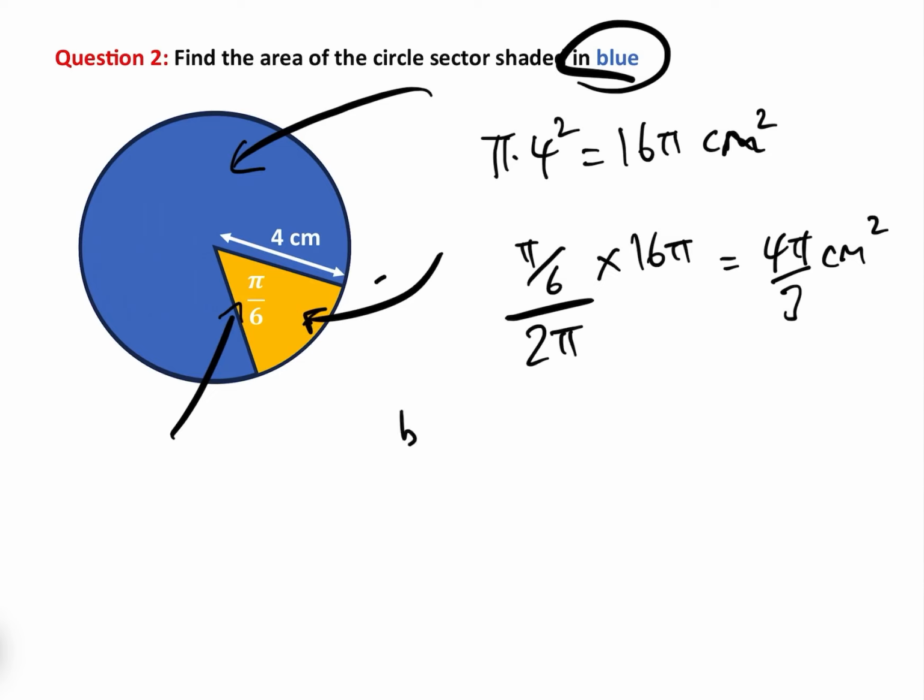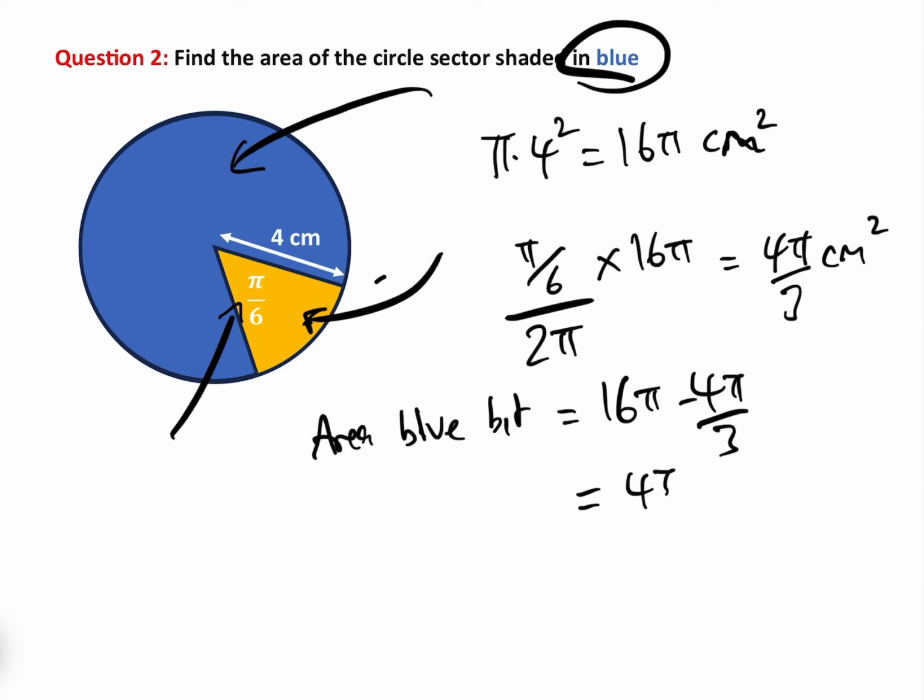And so therefore the area of the blue bit equals 16 pi take away 4 pi over 3, which equals 44 pi over 3 centimetres squared. Okay, and that's the second question.